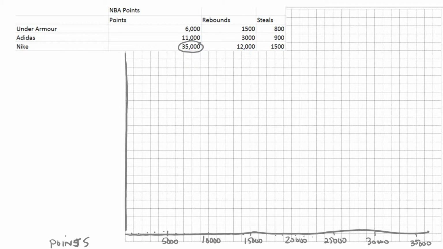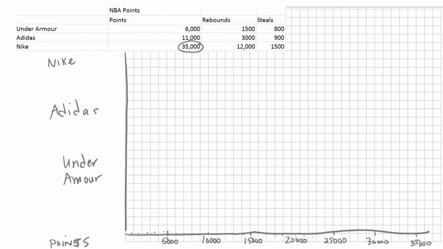Now on the vertical, I'm going to separate it into the different categories. So I'm going to look at Nike and Adidas and Under Armour. And I'm going to have to decide on a legend or a color code.